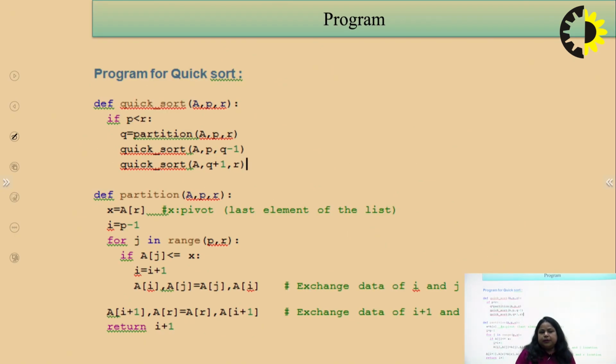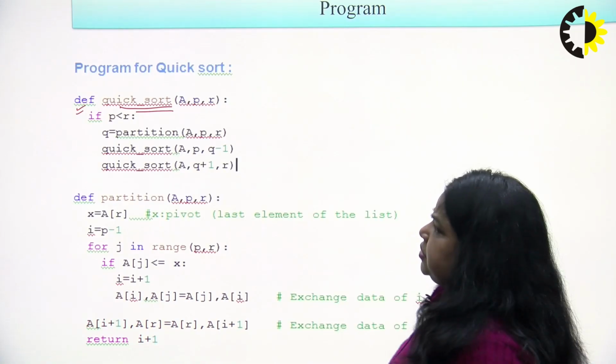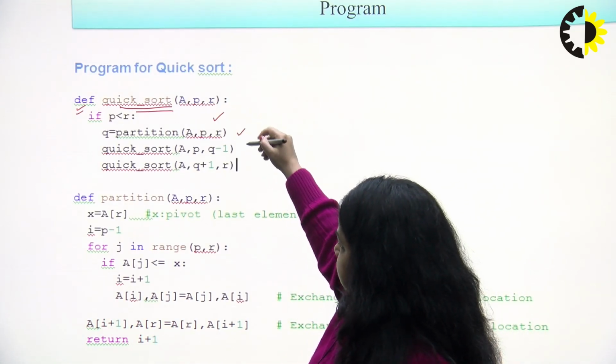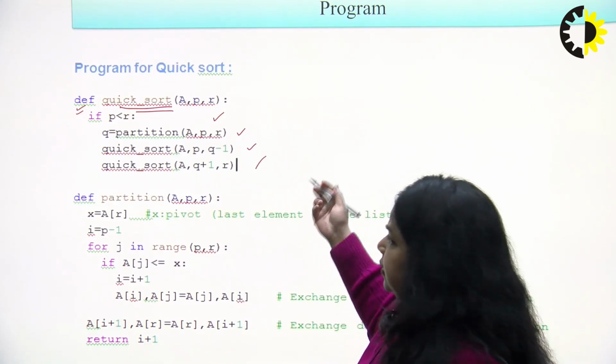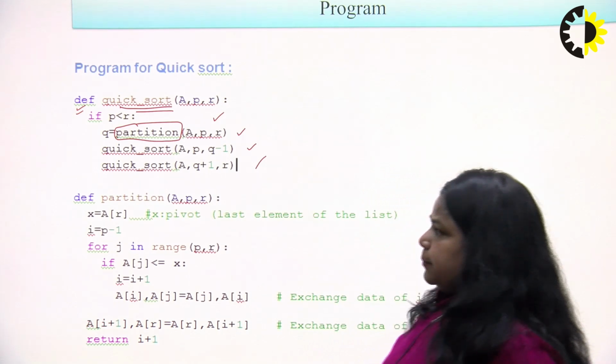Now let's discuss the program also. Similarly, when we talk about the quicksort algorithm, we are talking about the quicksort program. In the quicksort program, first of all we need to define the function with the name quicksort, in which we call the partition function, and on the basis of that you now need to define the function for the partition also.